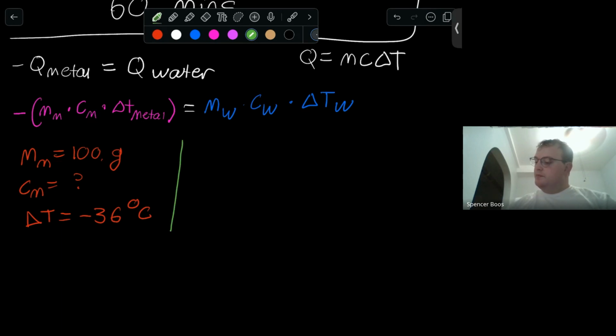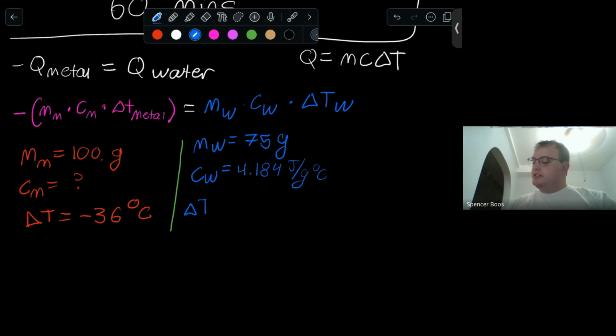Let's say the mass of the water is 75 grams. The specific heat of water, which is given on the exam, is 4.184 joules per gram degree Celsius. And let's say delta T is equal to 4.0 degrees Celsius.